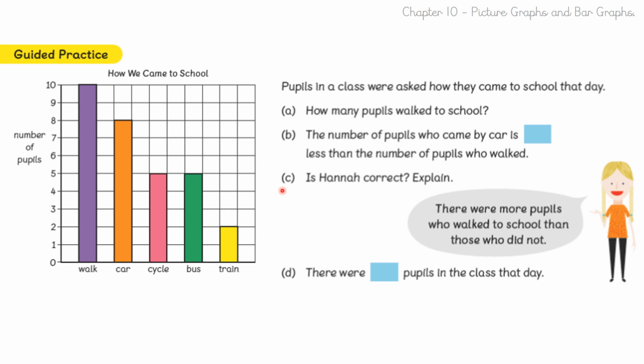There were more pupils who walked to school than those who did not. So think about the amount of children that walked to school and the amount of children that did not walk to school. So is she correct? Yes, no, and why? D. There were some pupils in the class that day. So how many pupils were there in class that day? I'm going to ask you to pause the video, look at the bar graph, and interpret the information to answer the questions.